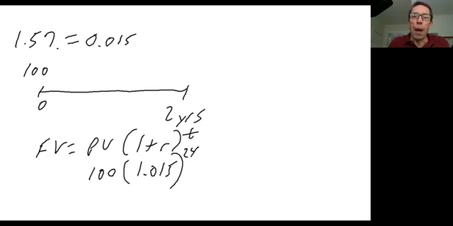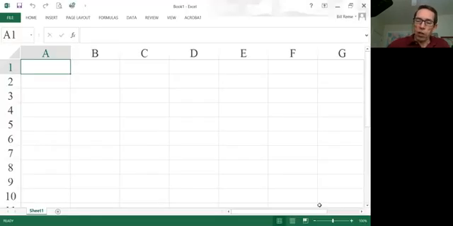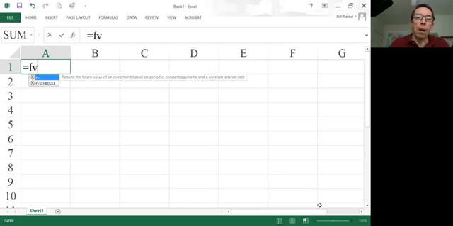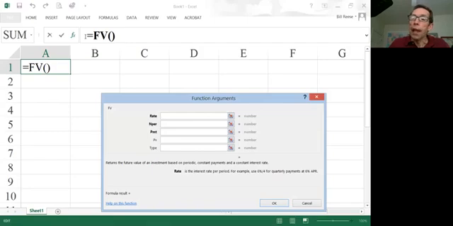So let's go back to Excel. And bring it up here, and we're going to say equals FV for future value, plug in our bracket, go to the function wizard, and the rate is our interest rate per compounding period. So that's going to be 1.5% per month because we have monthly compounding.